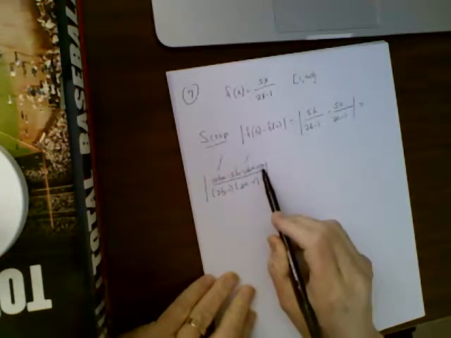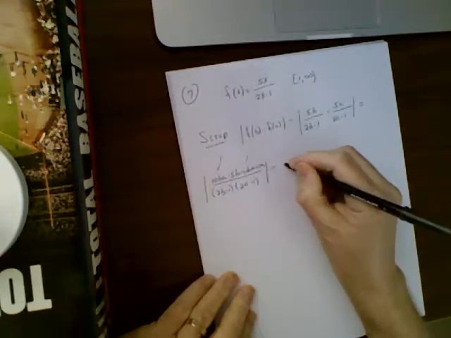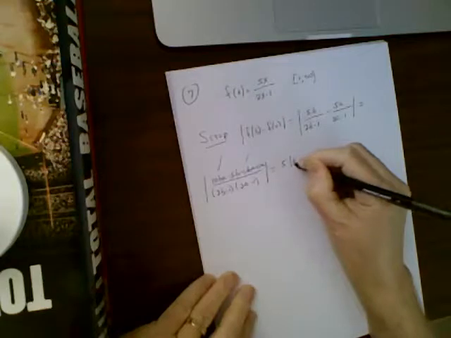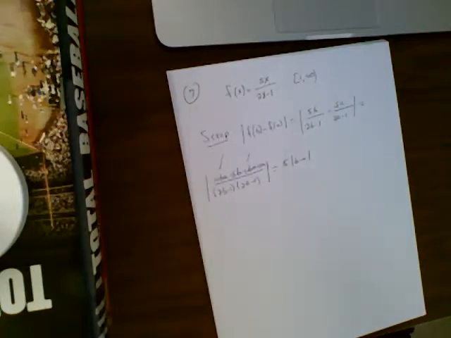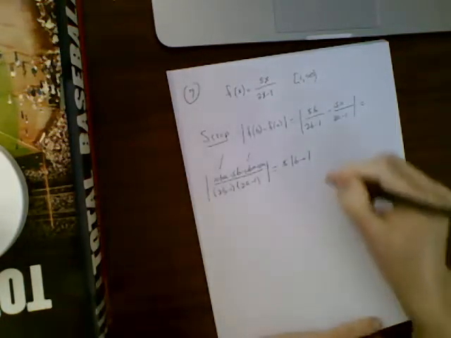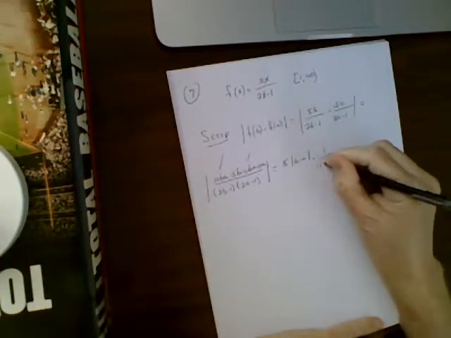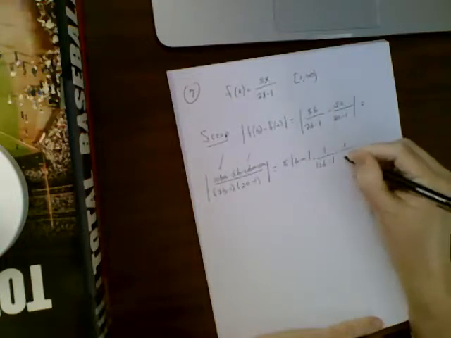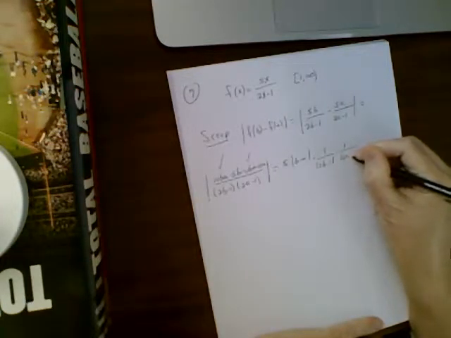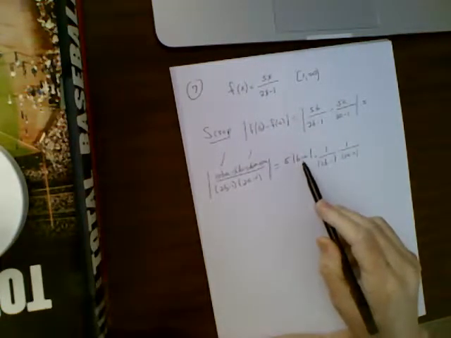So the 10ba and the negative 10ba cancel, and this is going to be negative 5b plus 5a. Well, when you take the absolute value of that, that's 5 times the absolute value of b minus a. Because again, this is actually 5 times a minus b, but a minus b and b minus a have the same absolute value, times 1 over the absolute value of 2b minus 1, times 1 over the absolute value of 2a minus 1. Now, we can make this as small as we want.